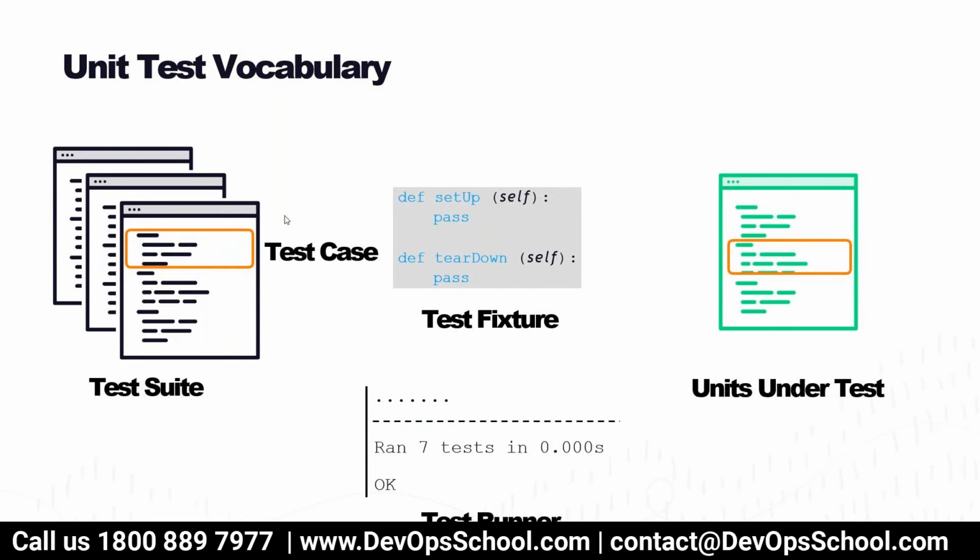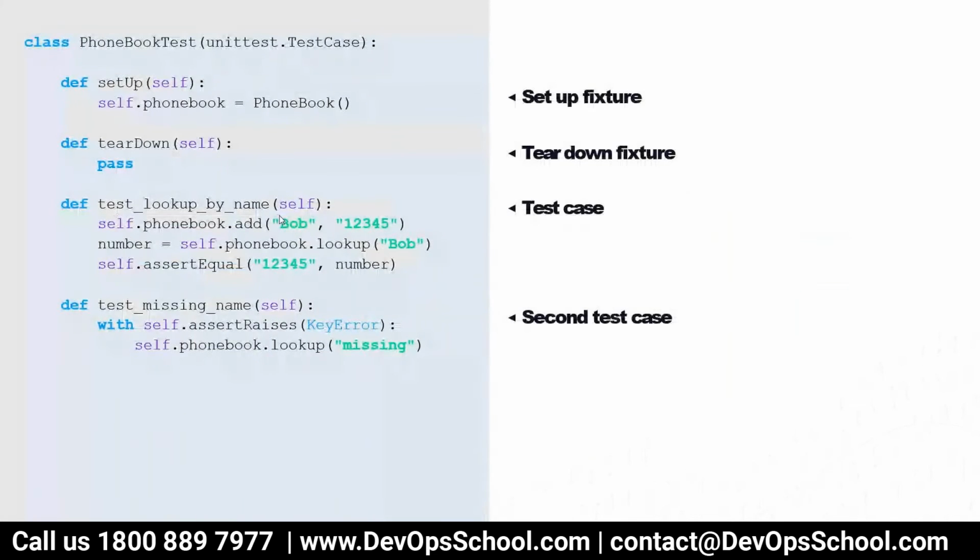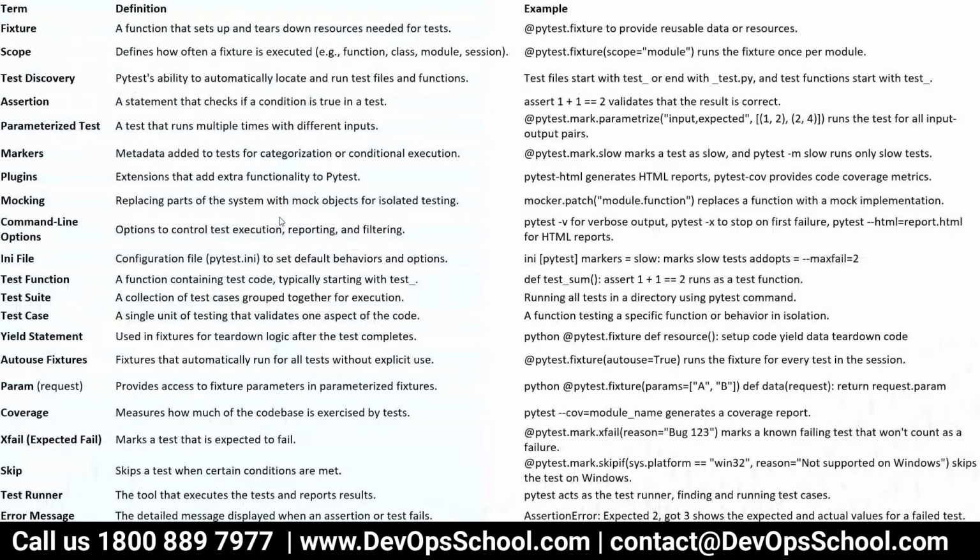So those are the terminologies we have. If you see here, just to understand, the first one is a fixture, which you see as that def. The second one, you are tearing down the fixture. What is a fixture? I'll discuss in some time. The third block is a test case, and the fourth block is also a test case.